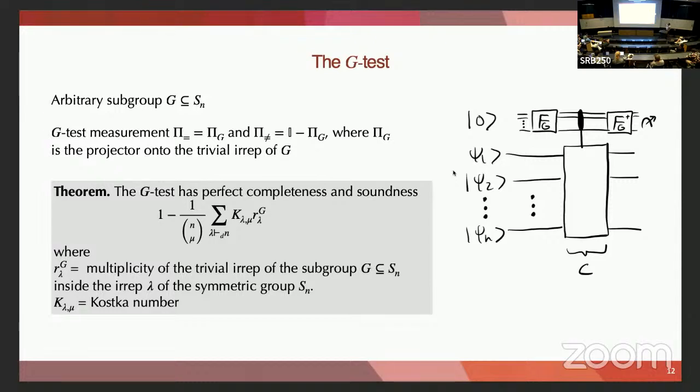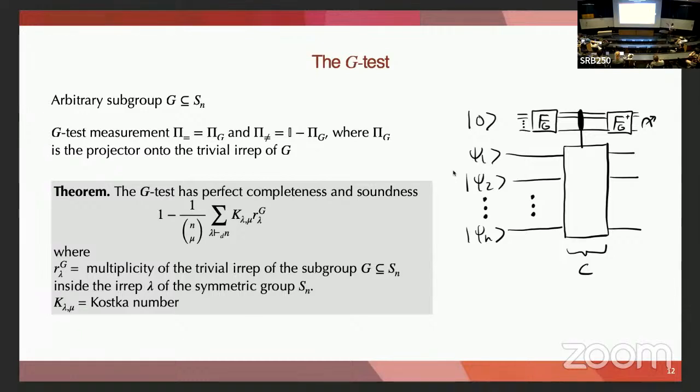It turns out to involve such an expression, where K lambda mu is a Kostka number, a combinatorial number, which is unfortunately quite difficult to calculate and deal with analytically.